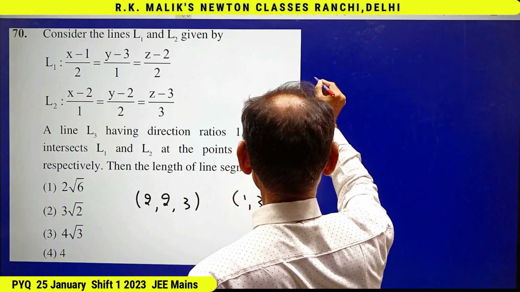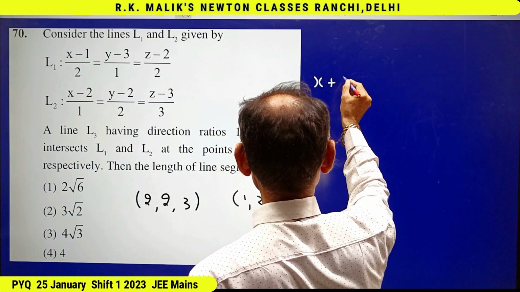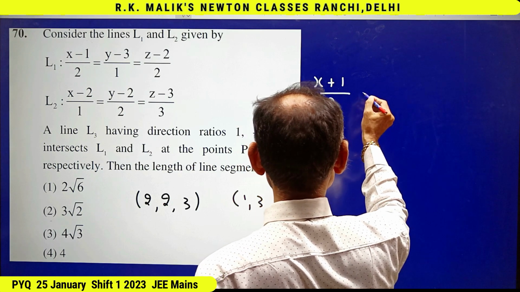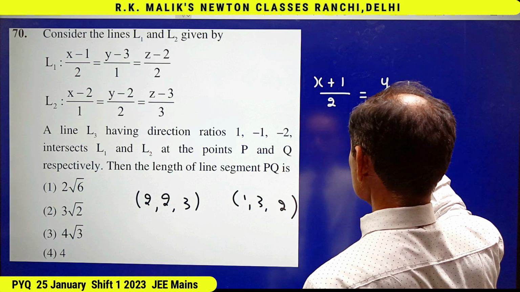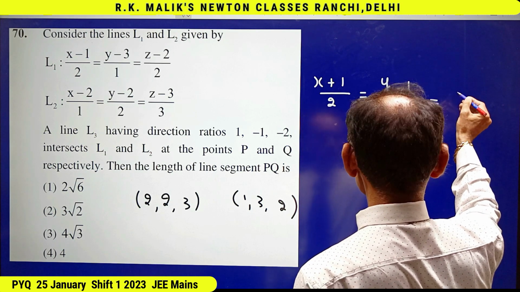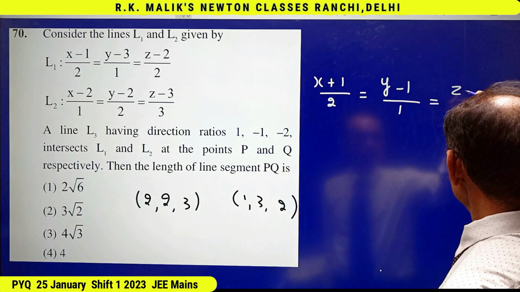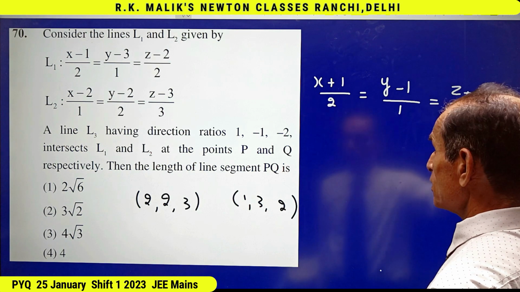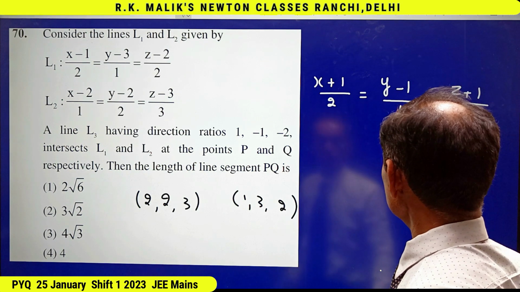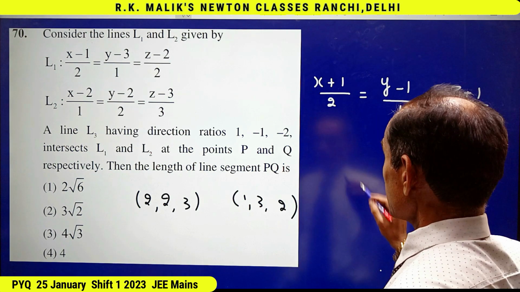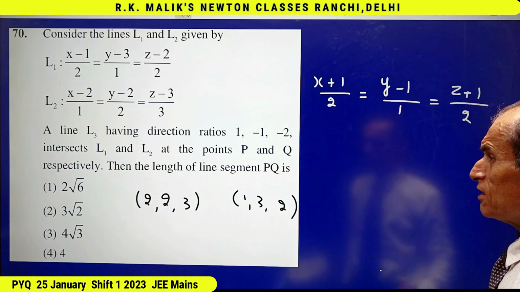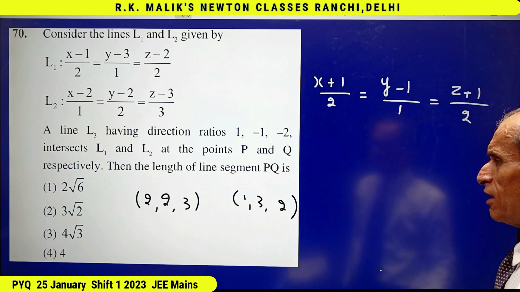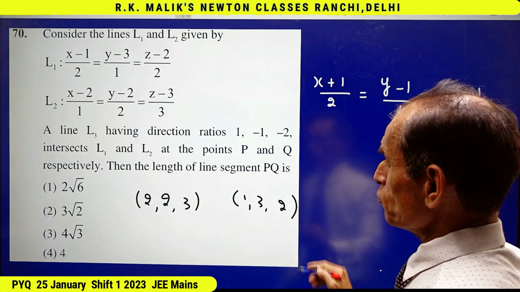That is, I'll get (x plus 1) by 2, (y minus 1) by 1, (z plus 1) by 2. Actually, I must have written capital X, capital Y and capital Z, but it makes no problem because finally we have to find the length PQ only.